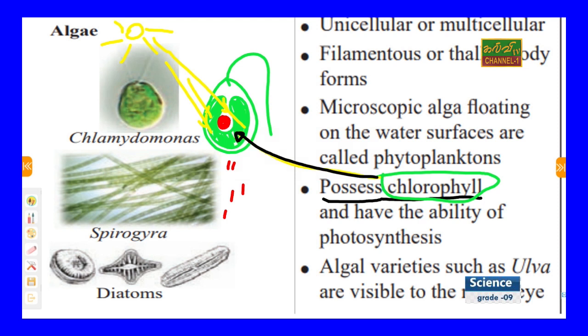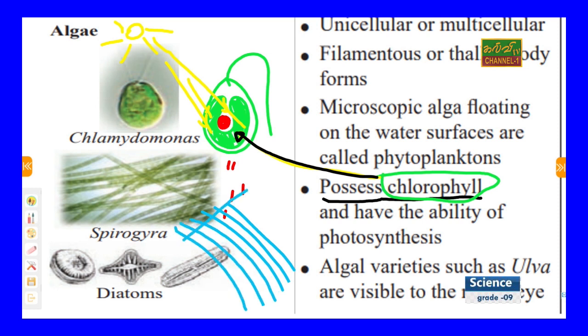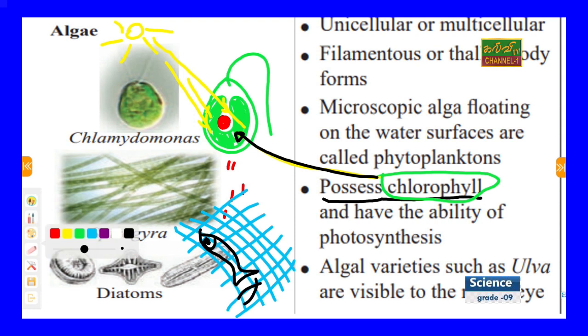Algal varieties such as Ulva are visible. Sometimes you can find them in fishermen's nets. Have you seen the nets? In the nets there are fish, but also some kind of paper-like small pieces of plant, brown color, green color.